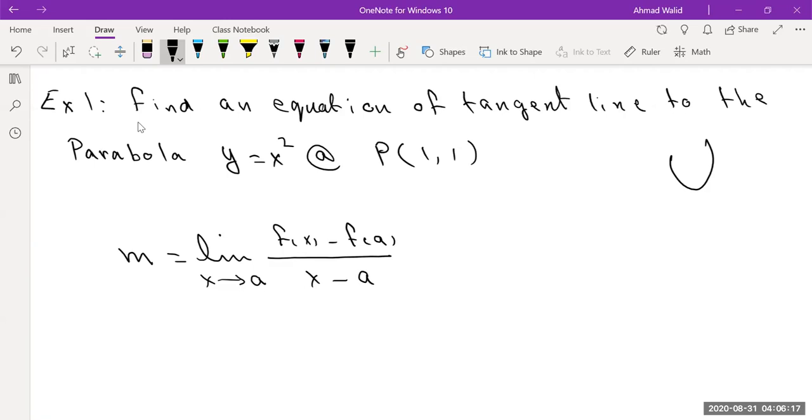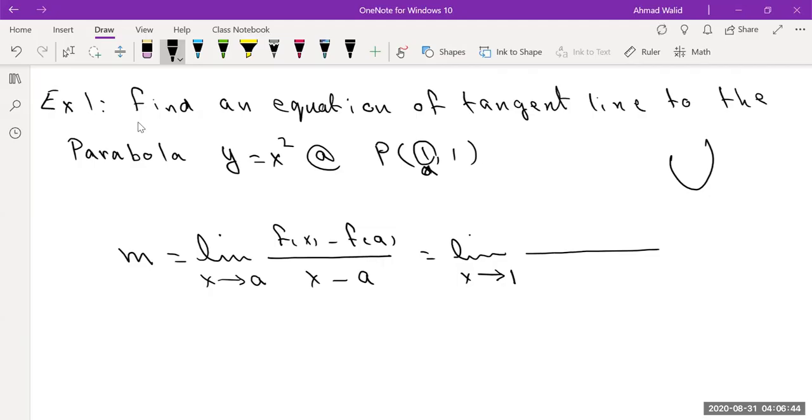That's my formula. How much is the value of a? This is the point (1, 1). Your a is 1. Then let's plug in the value of a here. Then you can write limit as x approaches 1, your a is 1, f of x.